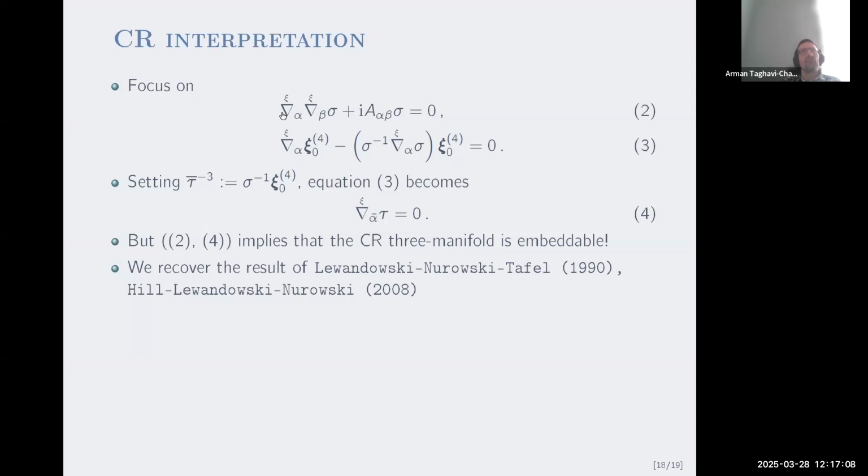So I end up with this equation and that equation. And as I showed before, this implies that the CR manifold is embeddable. So this is precisely what Lewandowski, Nurowski, Tafel, and Hill found some years back.